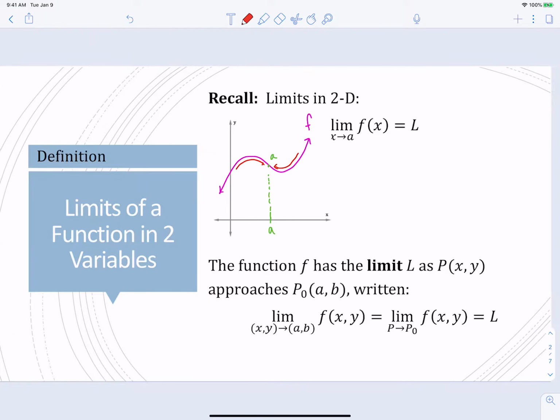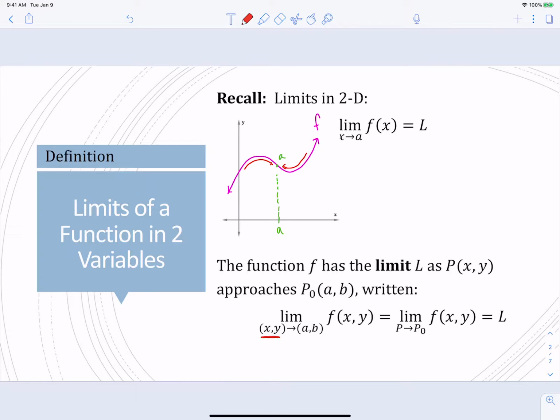So we're going to be looking at what happens as our XY ordered pair gets closer and closer to that specific point AB that we want to look at. Sometimes we write it as P is our standard XY point and P sub 0 is that specific point. And for our limit to exist, as we approach AB, our outputs, our Z values, are going to get close to L.